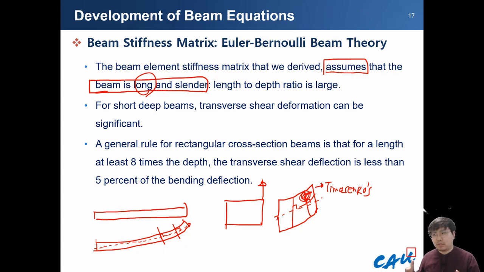At that time the Euler beam result gives a big error compared to the real physical phenomena, so you can change to another theory to mimic the real solid structure. This is the basic assumption.